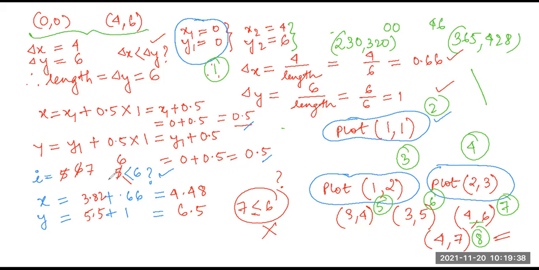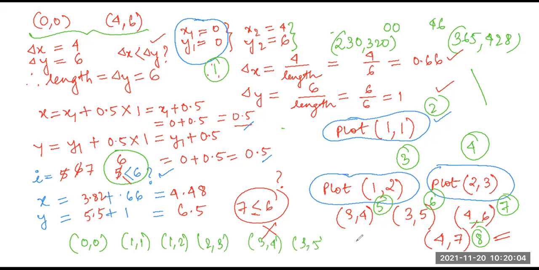According to the algorithm, I will continue while I is less than equal to length, that many number of times, and the points I get in between are the points of rasterization. I started with 0, 0, and the next points are 1, 1, then 1, 2, then 2, 3, then 3, 4, then 3, 5, and then 4, 6.